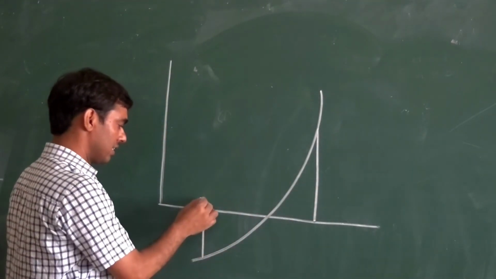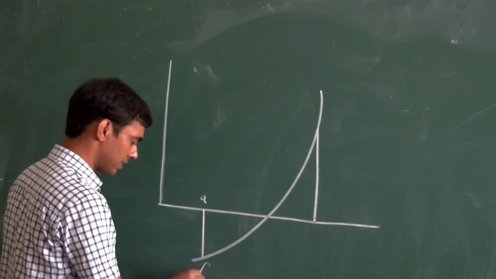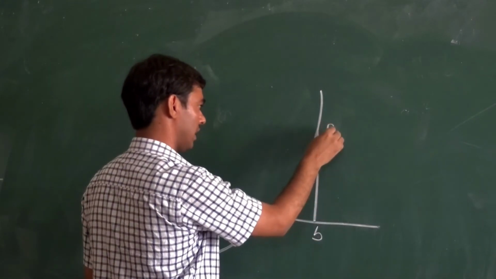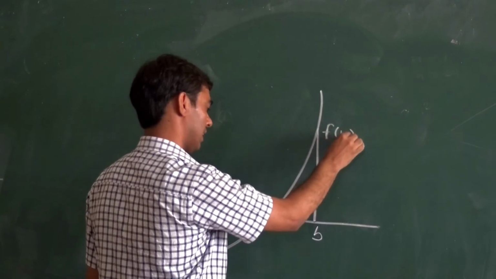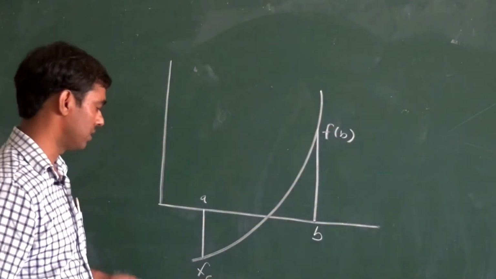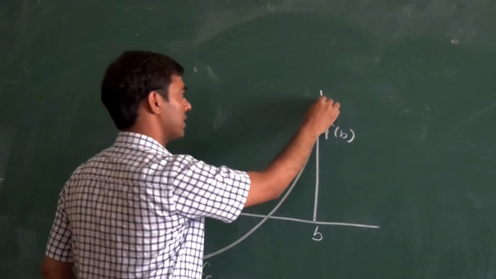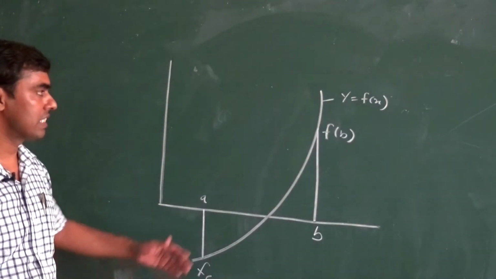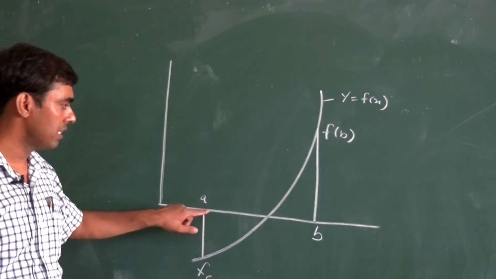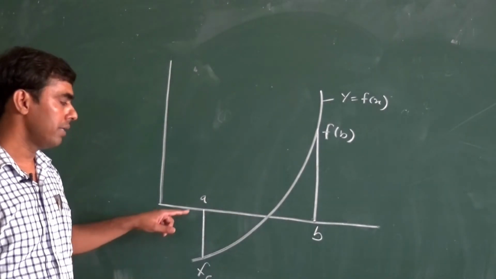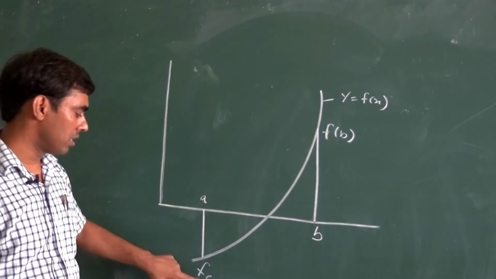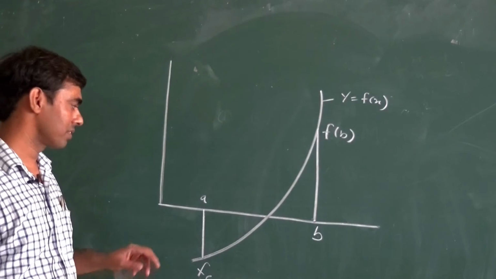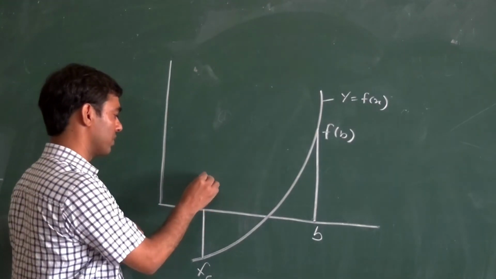Suppose this one is A, with f of A, and this one is B, with f of B. Then obviously the function y equals f(x) is continuous between A and B, and the value of f(A) times f(B) is less than 0. So here we find the bracket.